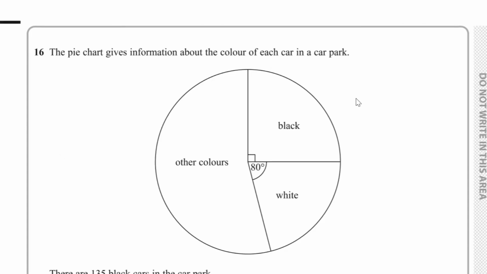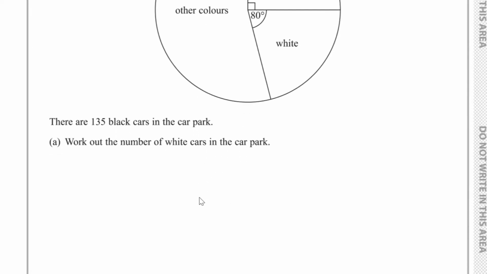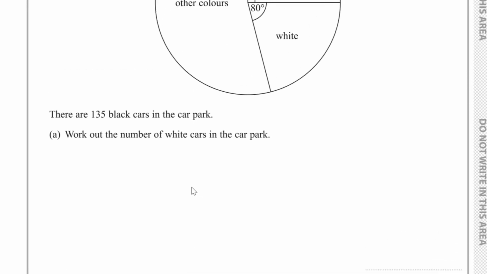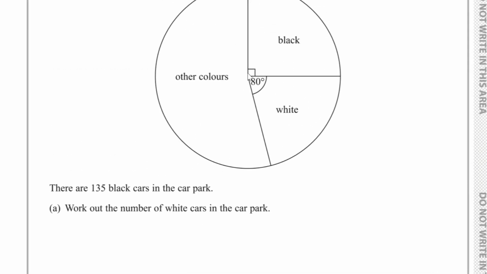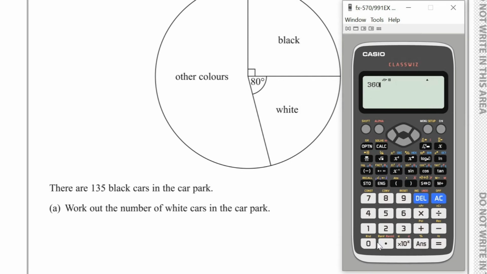Question number 16. The pie chart gives information about the colour of each car in a car park. We've got black, white and other colours. We know that there are 135 black cars in the car park, and with this we have to work out the number of white cars in the car park. First of all, we know that angles around a point add up to 360, and so therefore 360, take away the 90 for black, take away the 80 for white, that's 190.